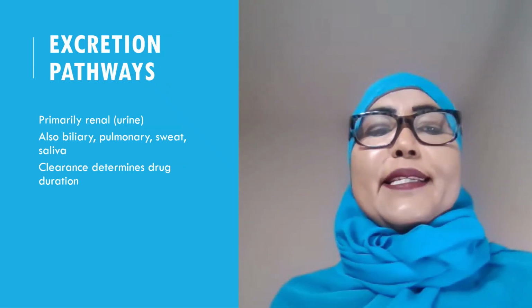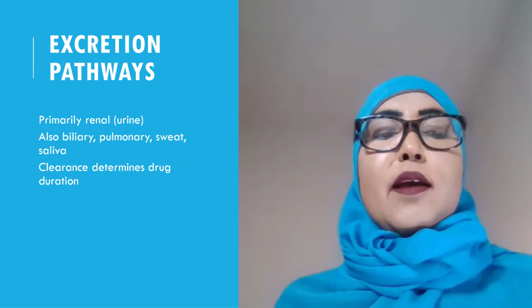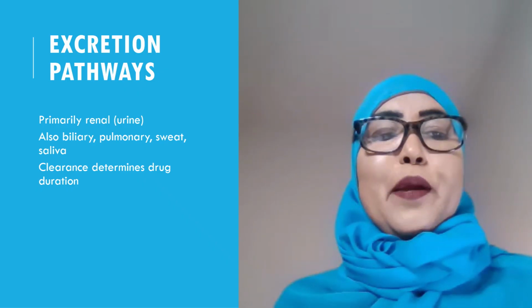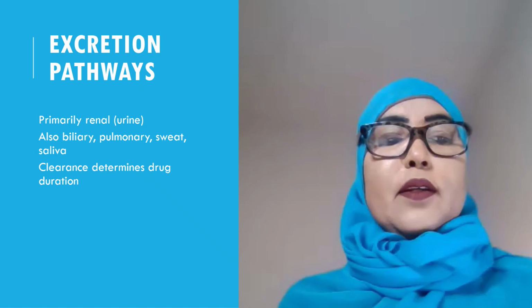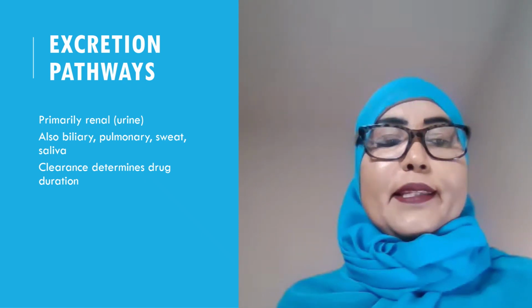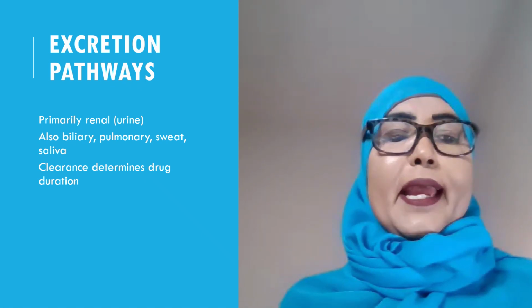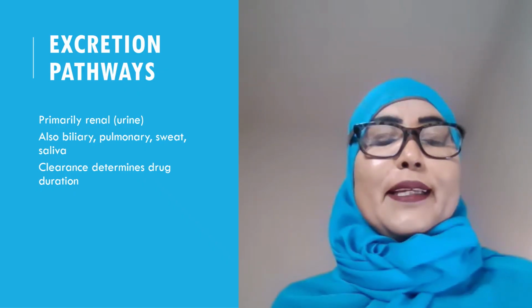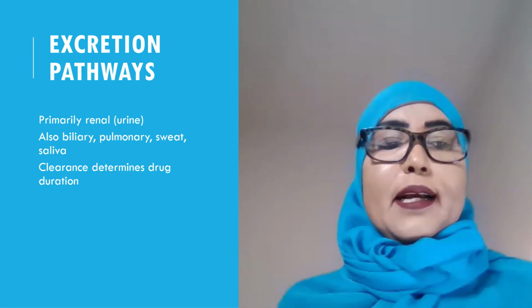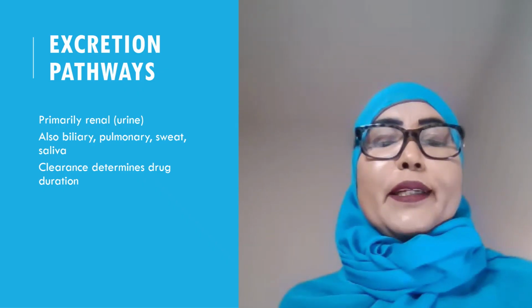What are the excretion pathways? Primary excretion pathway is the kidney, the urine. Also, we excrete drugs or medication through the bile, pulmonary, sweat, saliva. Clearance determines the drug duration.